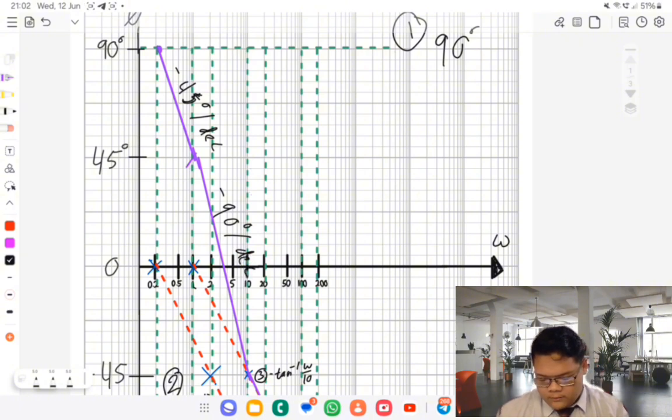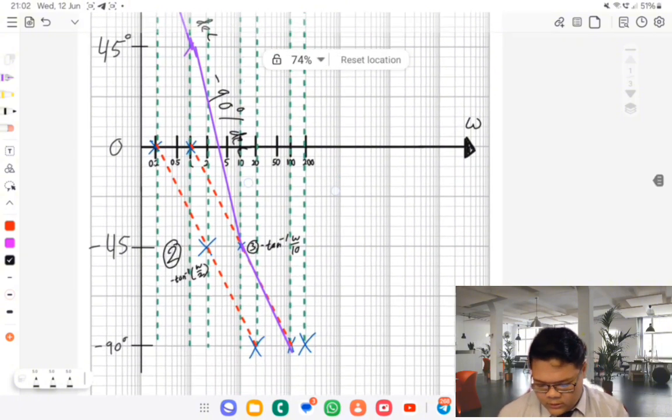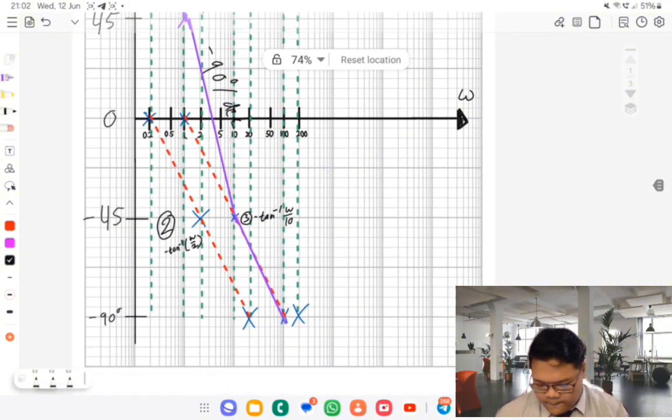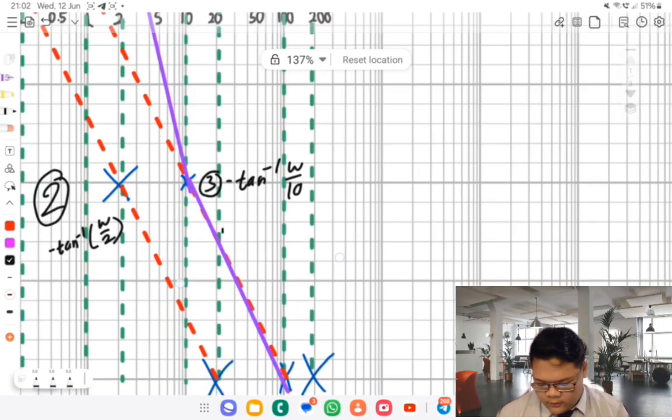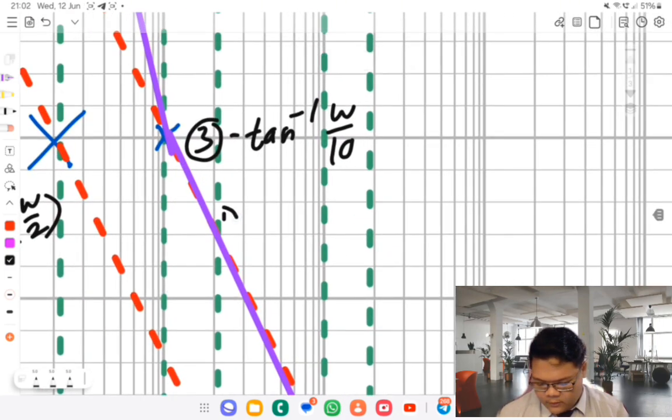And for the last part at the bottom, it is negative 45 degree per decade.